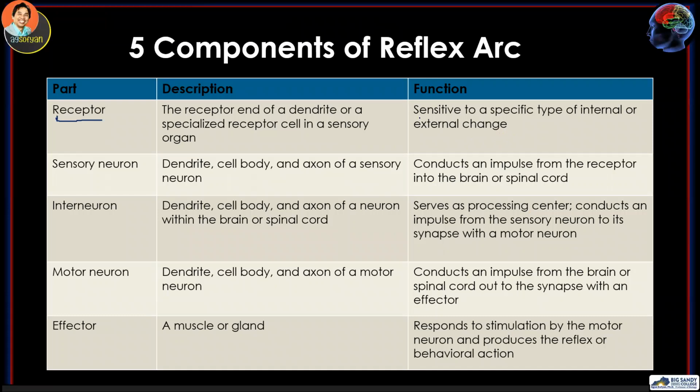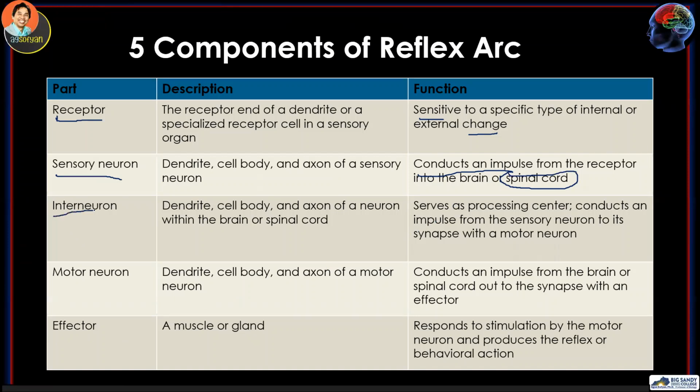This receptor is sensitive to a specific type of stimulus or change. The second component is the sensory neurons. This is the one that will conduct the impulses from the receptor to the brain or spinal cord. And because this is a reflex, mostly it will go to the spinal cord without going to the brain.